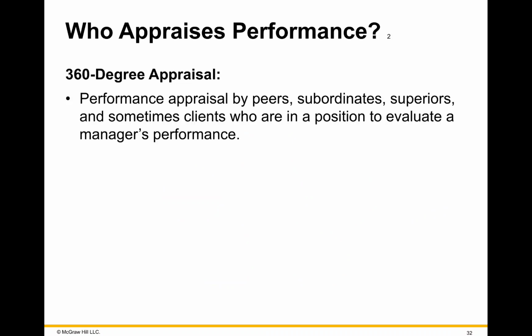Managers evaluate from all these sources. Based on research, 360-degree appraisals should focus more on behaviors than on traits or results.